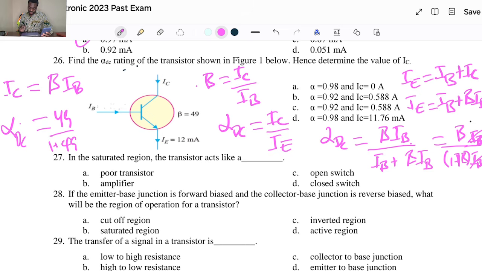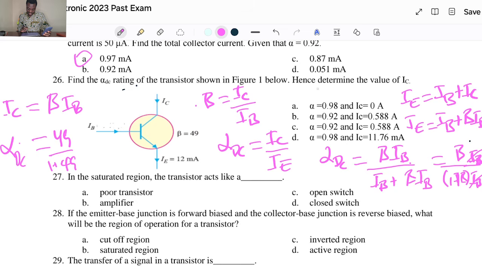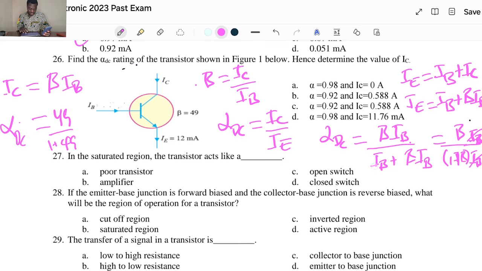Now we go and determine the collector current. Now that we know alpha DC, which is 0.98, we still don't know the base current.